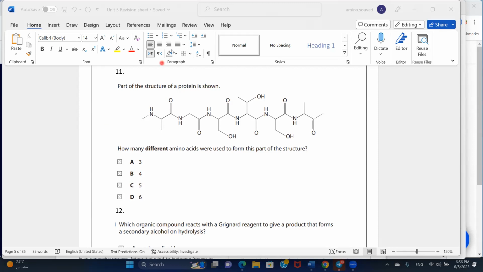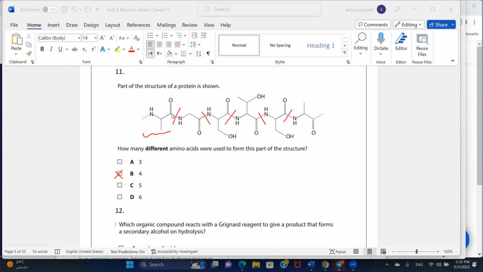Okay, so the answer here is B, because whenever we want to know the amino acids, we come between every C double bond O and NH, and we put a line, meaning that this is an amino acid that differs from this one. You see, I'm putting a line between the C double bond O and NH in all. Now, we look at this amino acid.